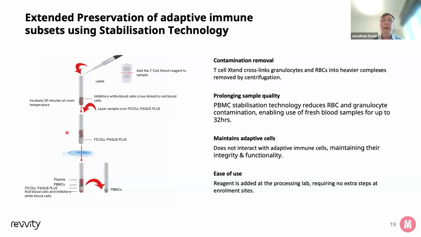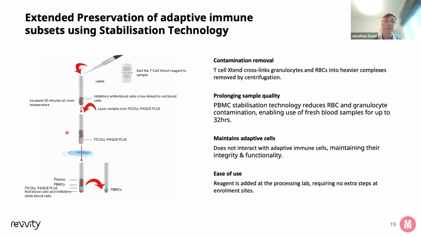It's added, and it acts by cross-linking the granulocytes and red blood cells that can contaminate the PBMC layer upon density centrifugation. By cross-linking them, it increases their density, meaning that they are removed upon centrifugation. This reagent has been validated in our ELISpot platforms for up to 32 hours.